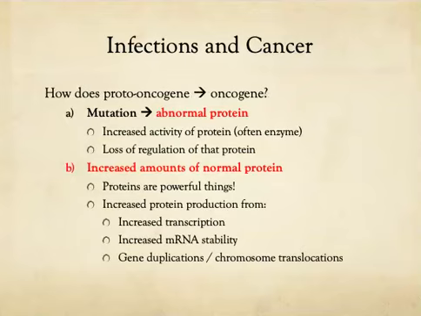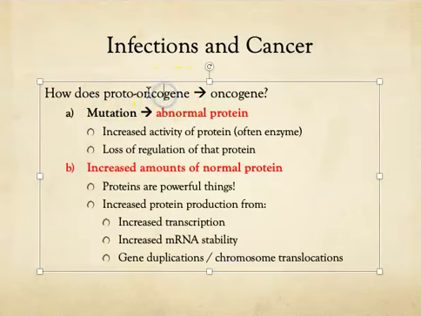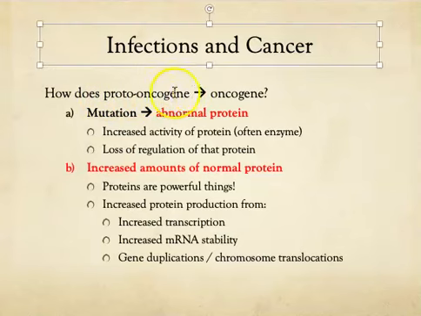So how exactly does a proto-oncogene become an oncogene? How exactly does a perfectly normal gene, that makes a protein that normally stimulates normal cells to divide, become an oncogene, a gene that somehow contributes to the development of cancer? There are 2 ways.